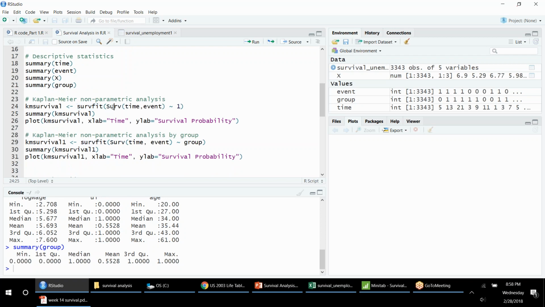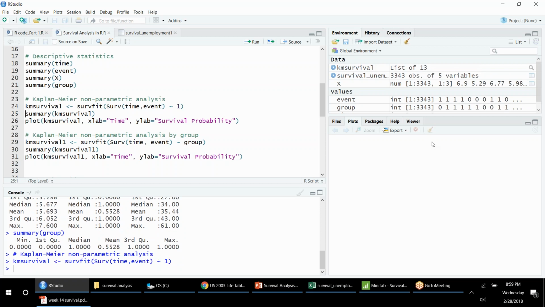So we are executing it, and here we are saying time to event, Surv, and the function we need to give the inputs of event and the time. You can do a question mark of survfit to understand various attributes that are given as an option for this particular function.